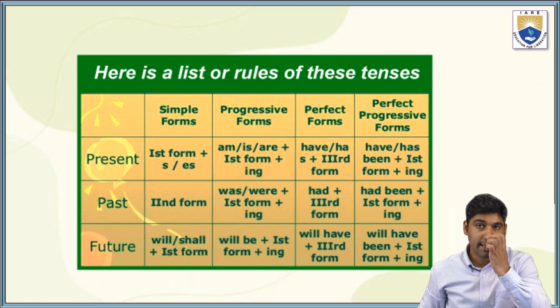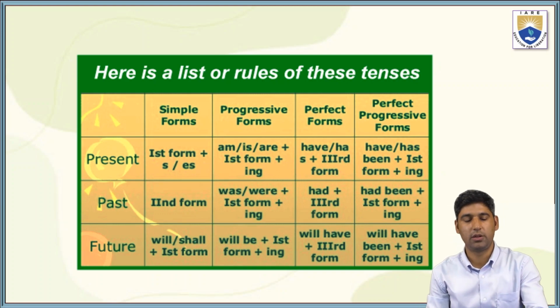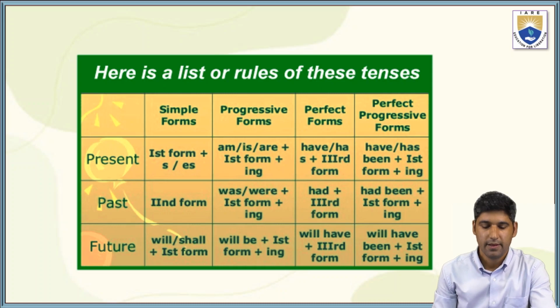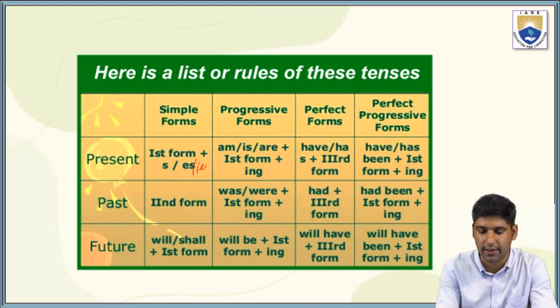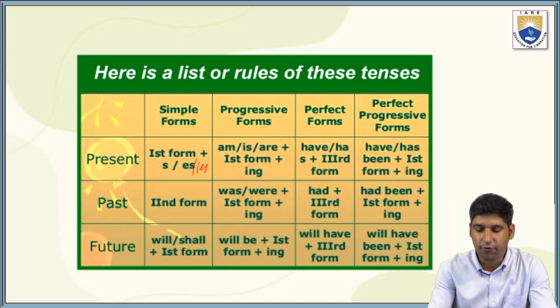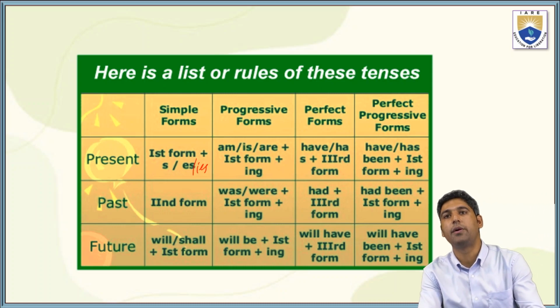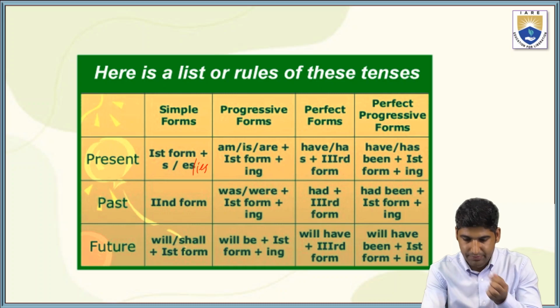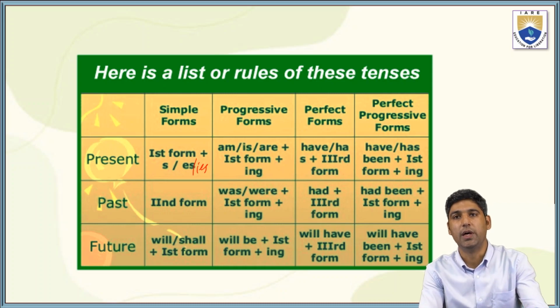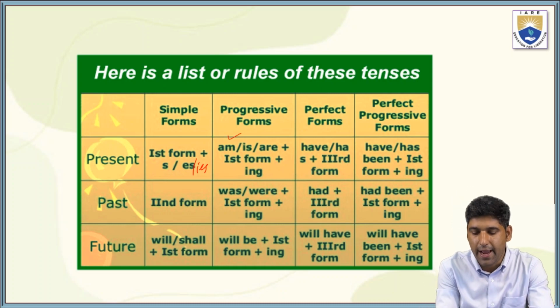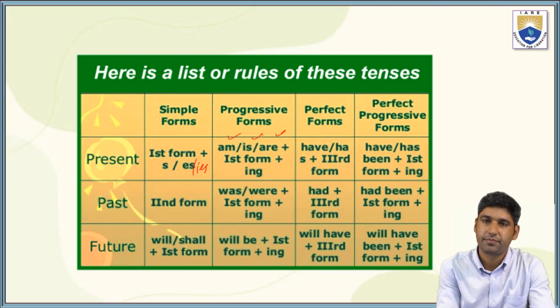Now, here is the full list of all the forms of the tenses. Present simple is first form plus s, es or ies. Present continuous tense shows the continuous work. It requires the helping verb am, is, are, and first form of verb plus ing.